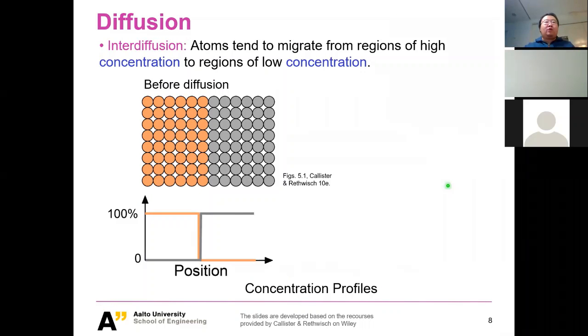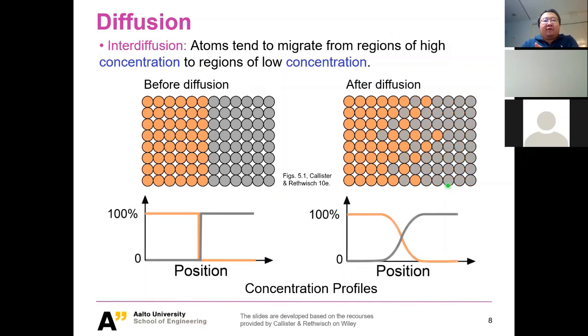Let me move forward. We said we have two types. The first is interdiffusion. This is an example of interdiffusion for solids. What we are trying to mix is material A and material B. On the left-hand side, you see before diffusion, this is A and B. You could probably already imagine the driving force for this interdiffusion.